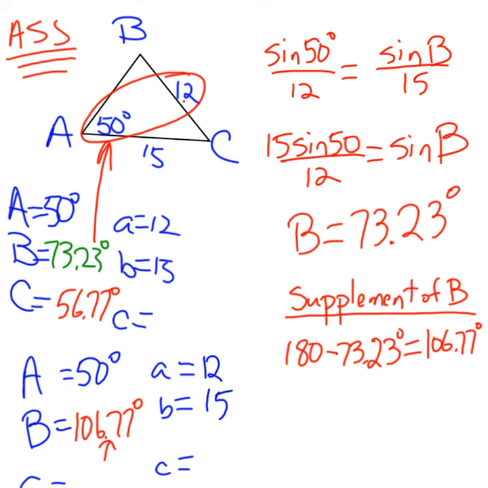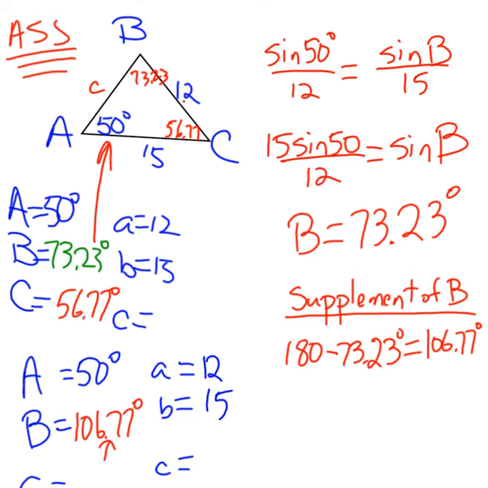Now that I have that, I can put these numbers back into this triangle here. I can say that angle B was 73.23 degrees, and angle C is 56.77 degrees. And now I can find this missing side c.